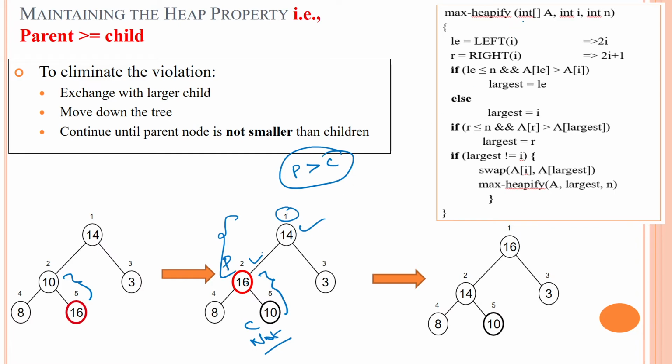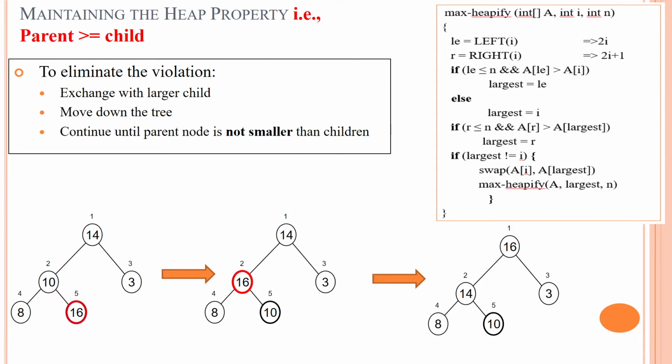So when you are passing the 1, we have to take left of I. So 2, you look at that. Left of I, so when you are passing the I value is 1, left of I is here 2, right of I is here 3. So 2I plus 1. Then this is checking LE less than or equal to n.